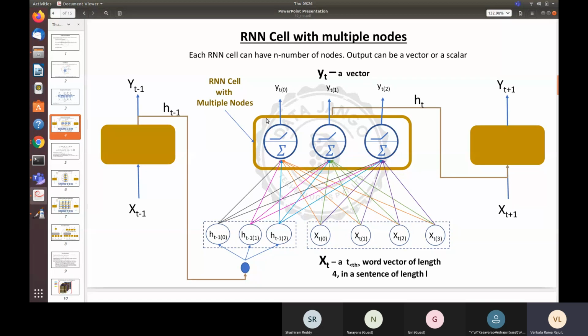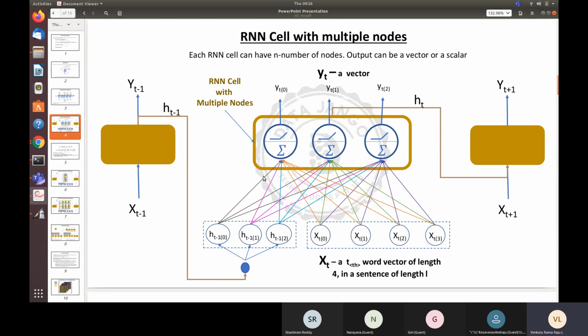Why three outputs, sir? One cell structure will be followed by all cells. All 60 cells will have the same structure, input and output both. In that way, the hidden state will also have three, because y cap and hidden state we are saying are the same. Got it? So this is a kind of sequential layer.